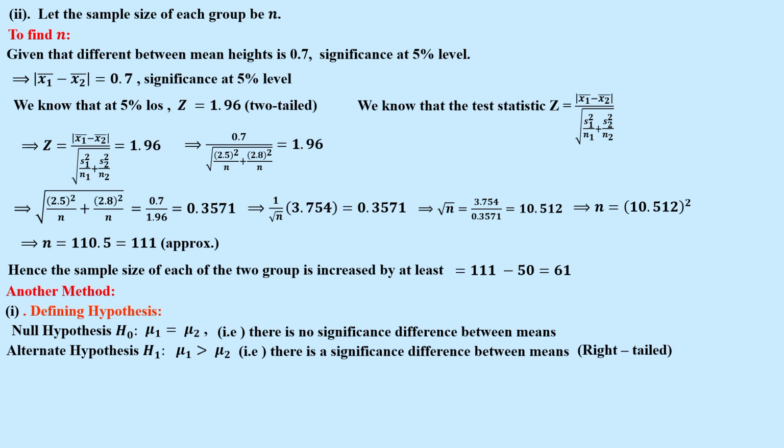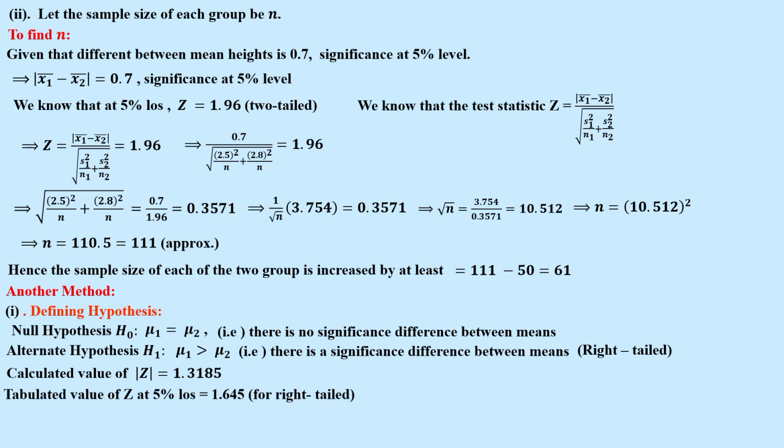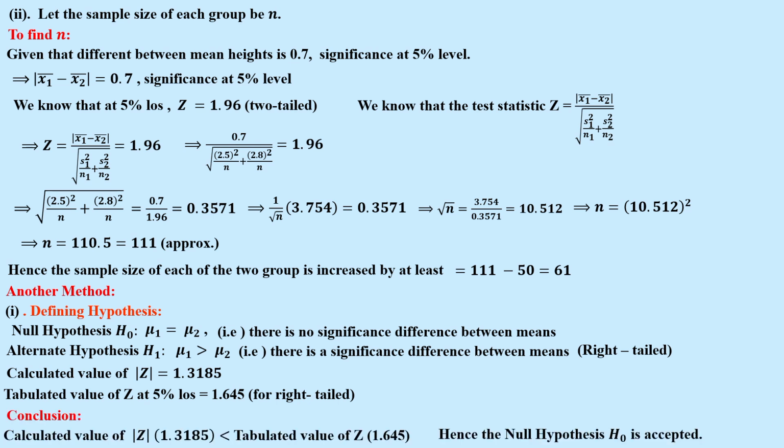So we are using a right tail test. The calculated value is the same as in the previous case, mod z is equal to 1.3185, but the tabulated value will change because we are using right tail, so the right tail value is 1.645. Again the calculated value is less than the tabulated value, therefore H0 is accepted, there is no significant difference.